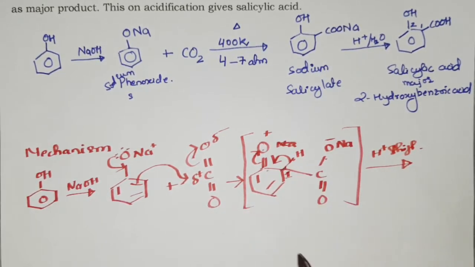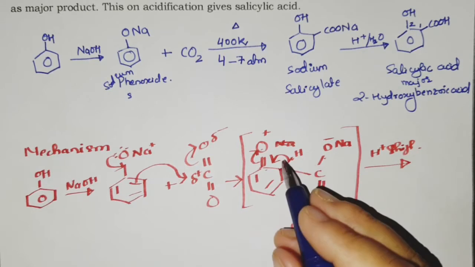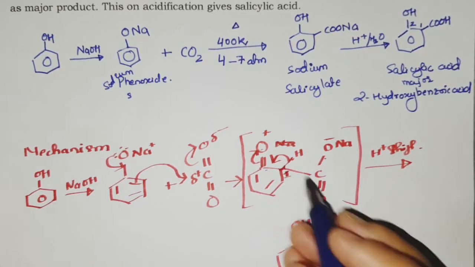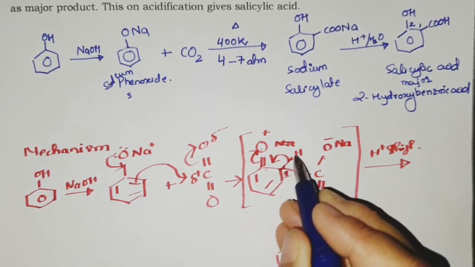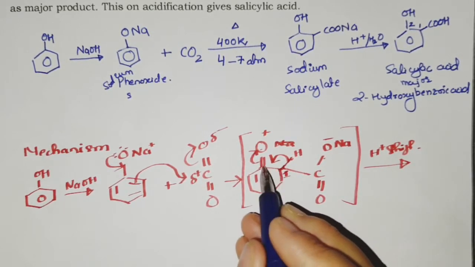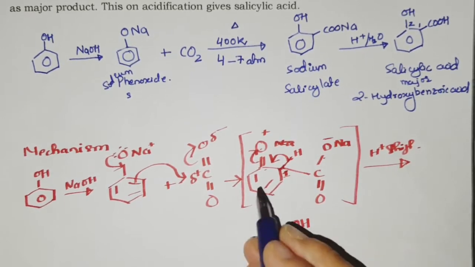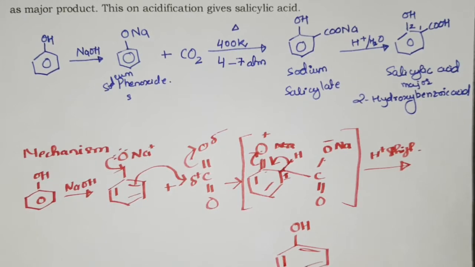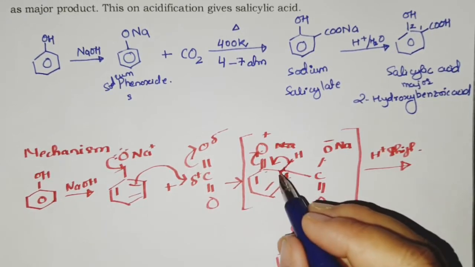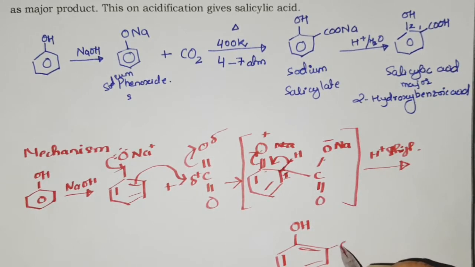Then what you are going to get is oxygen with the hydrogen. There's no more bond between hydrogen and this carbon. The single bond earlier, now we'll have a double bond here. The other bonds have no big change, so they remain as they are. And this benzene ring is attached to this group, so CO then ONa.